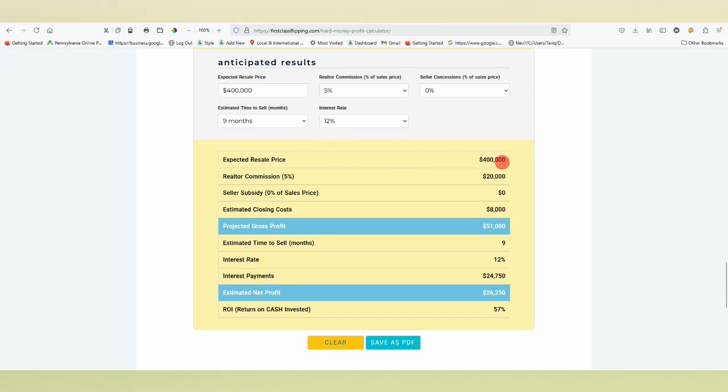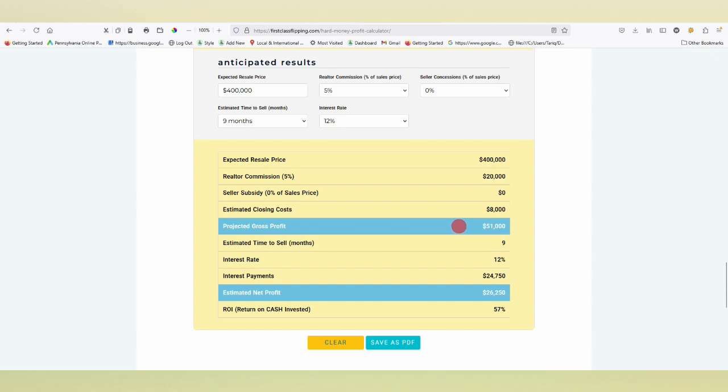Now it's populating all your numbers here. You said you had an estimated resale price of 400,000. Your realtor commission at 5% is going to be 20,000. We aren't giving any seller help, and your estimated closing costs, we usually say about 2% to close when you're selling. It makes your gross estimated profit $51,000.